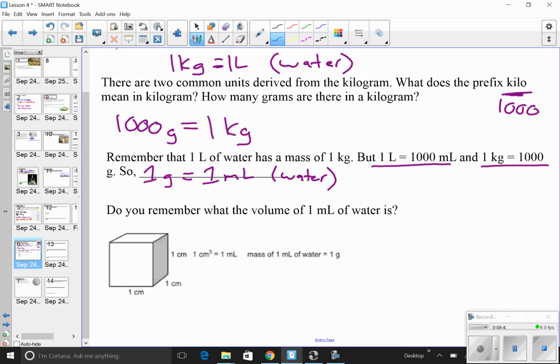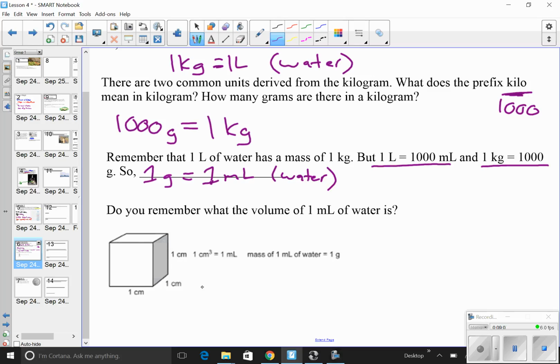Now let's bring volume into it. If we think back to one of my previous lessons, 1 milliliter is the same thing as 1 cubic centimeter of water. So if you had a nice little cube of water, like an ice cube, a little baby one. Now we have volume, capacity, and mass all related through water.